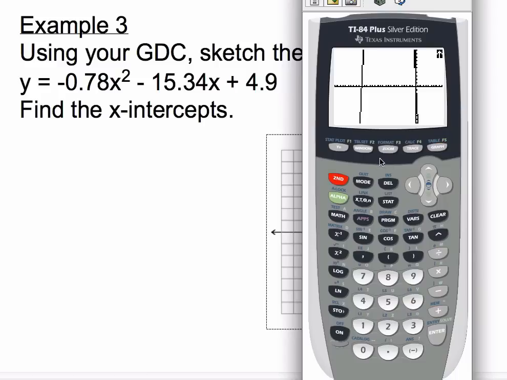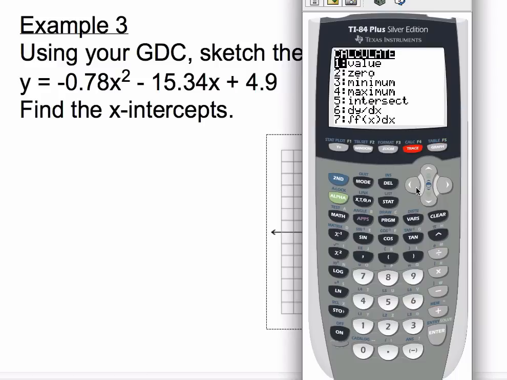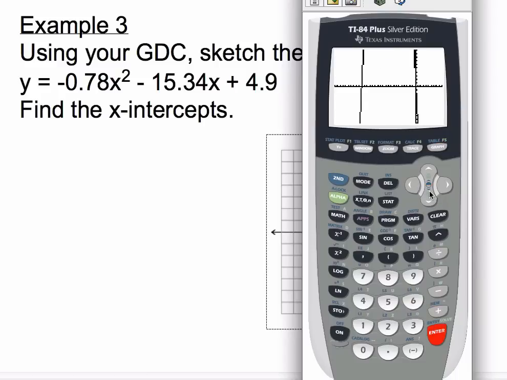So we're going to go second function, calc, go down to 0, and now, this could be difficult to see. Aha, there we go. So let me go one more to the left. Okay, so I'm way to the left now.